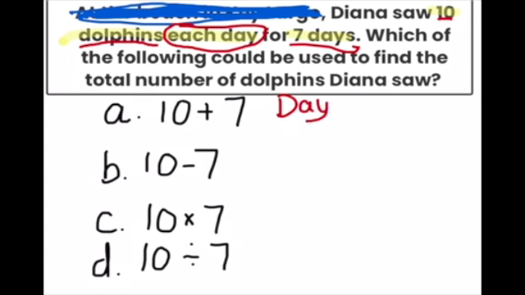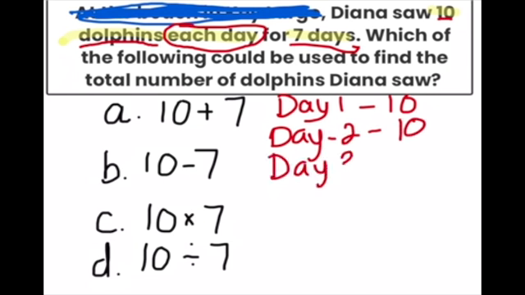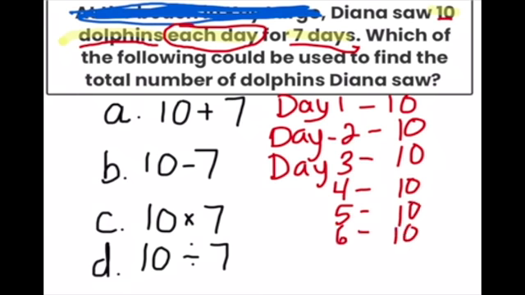Day 1, she saw 10 dolphins. Day 2, she saw 10 dolphins. Day 3, she saw 10 dolphins. Day 4, she saw 10. 5, she saw 10. 6, she saw 10. 7, she saw 10.